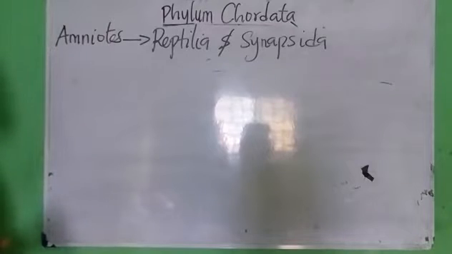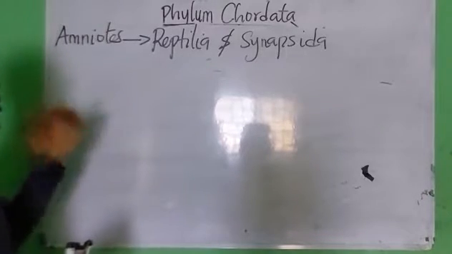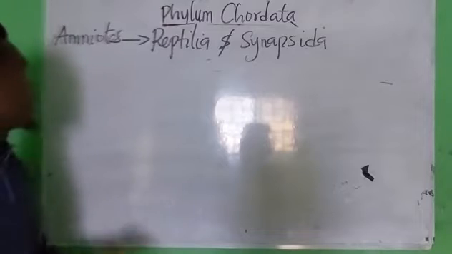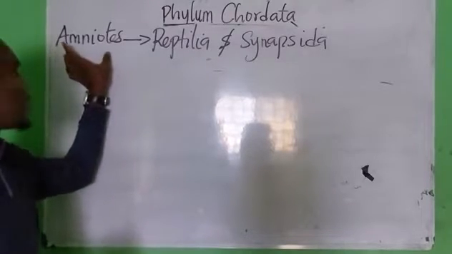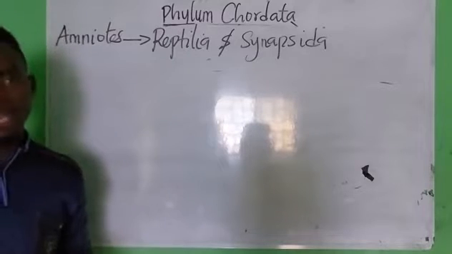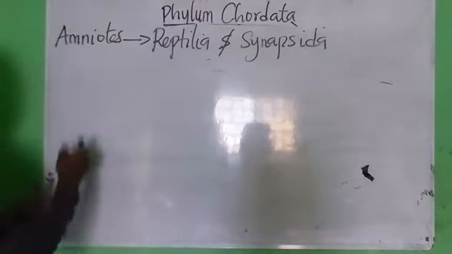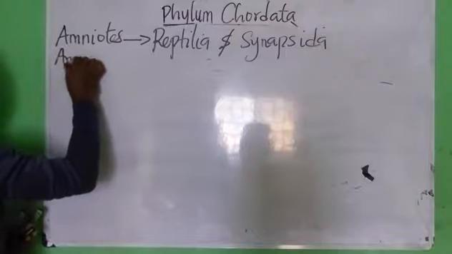If an organism is called an amniote, all right, it means that it can produce an amniotic egg, and this egg has amniotic fluid.